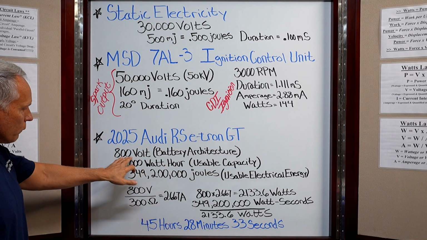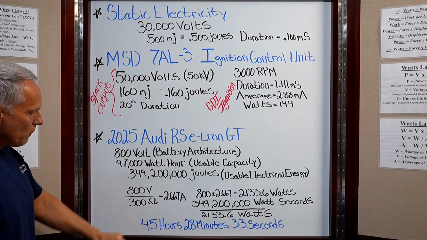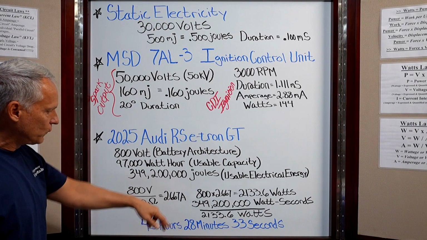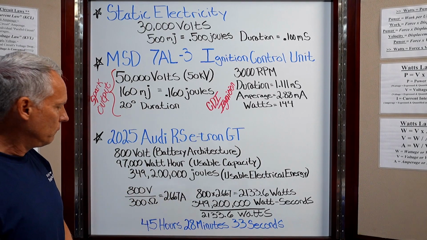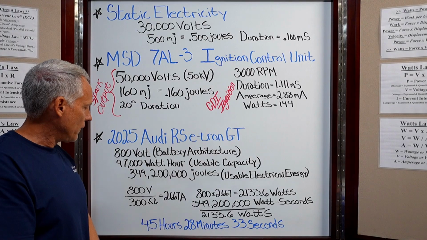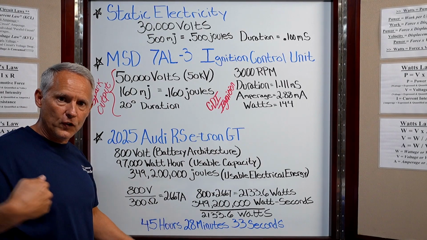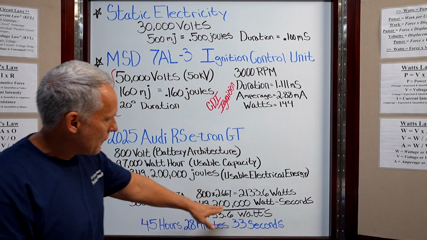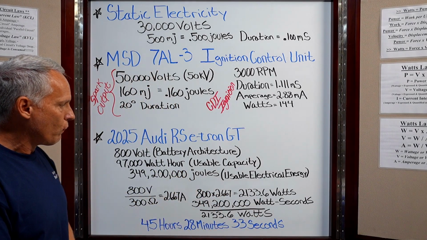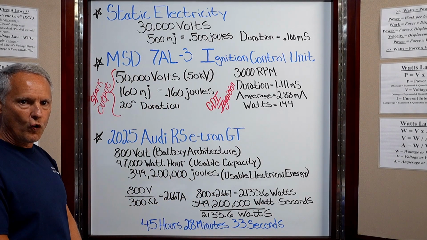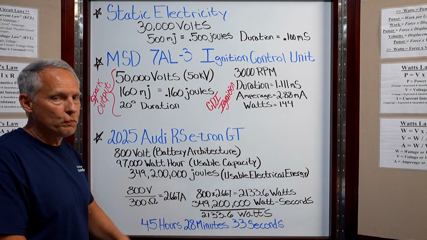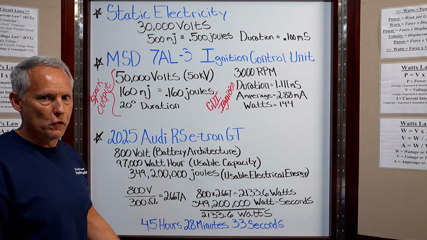If it's 800 volts and we have 300 ohms of resistance, that means we're going to pass 2.667 amps. I rounded it off. That means that 800 volts at 2.667 amps of current flow through our body is going to come out to 2,133.6 watts flowing through our body. So 800 volts at 2.667 amps is going to be flowing through you.